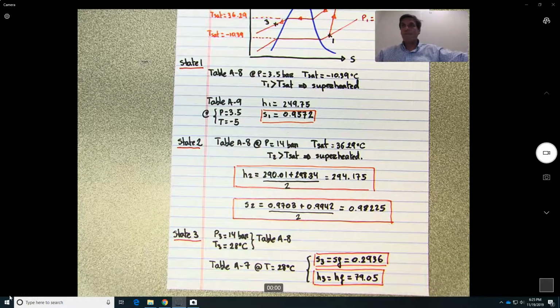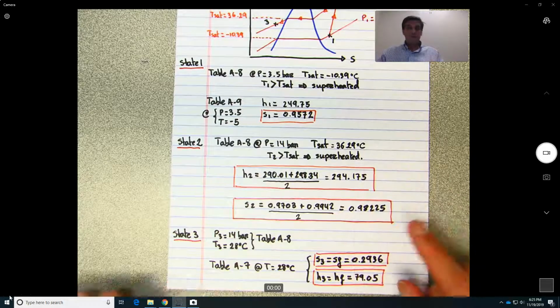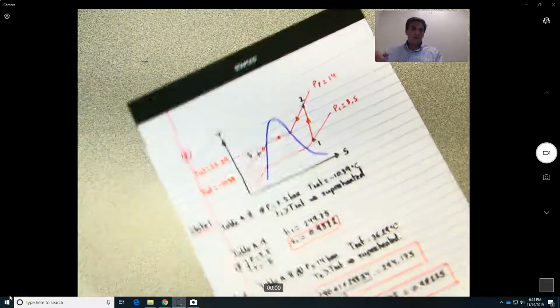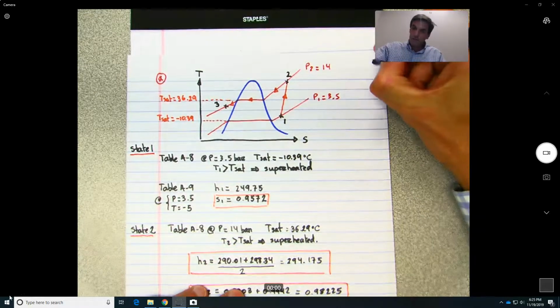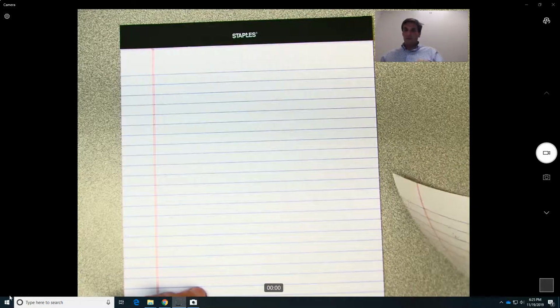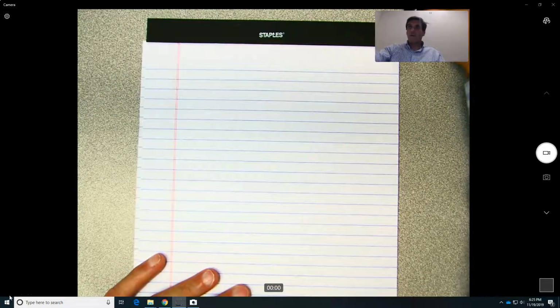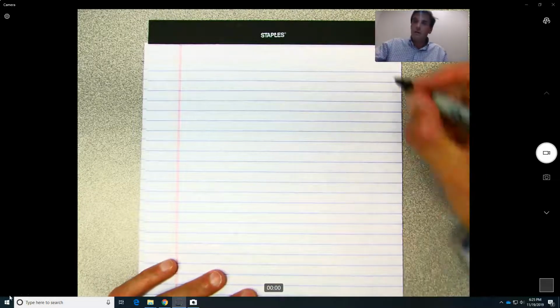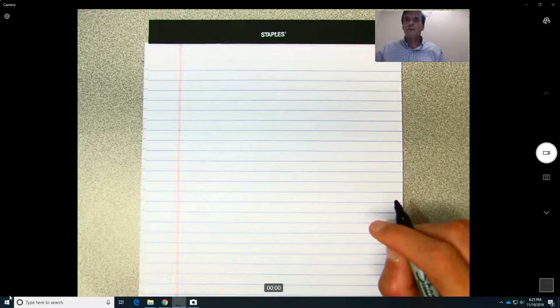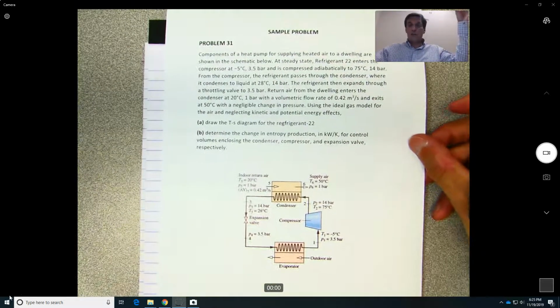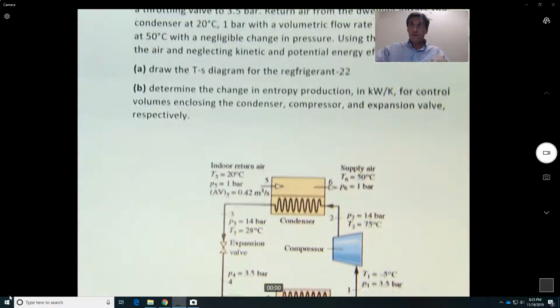Okay. All right, so we have one more. Let's find out what is 4. So this is our page 1. Okay, so now we are here over the expansion valve.